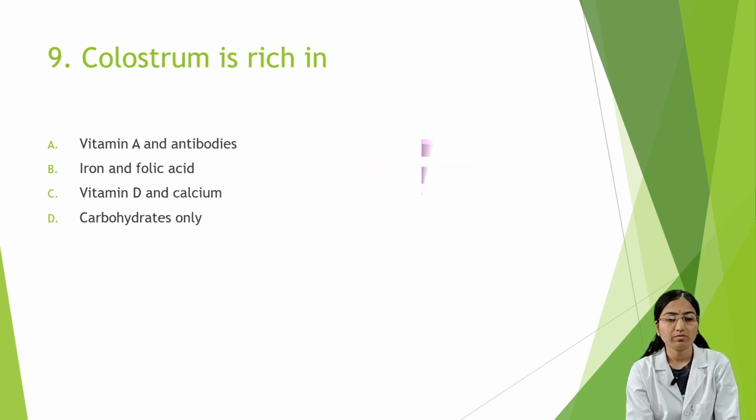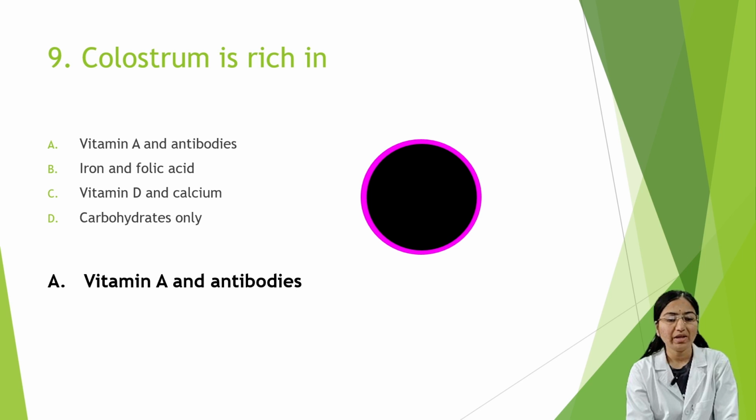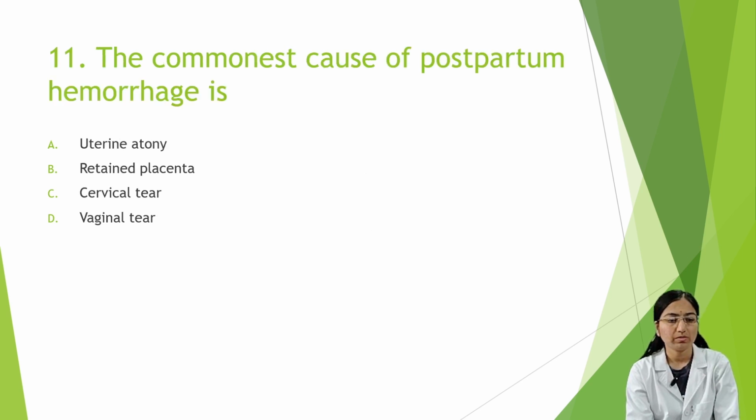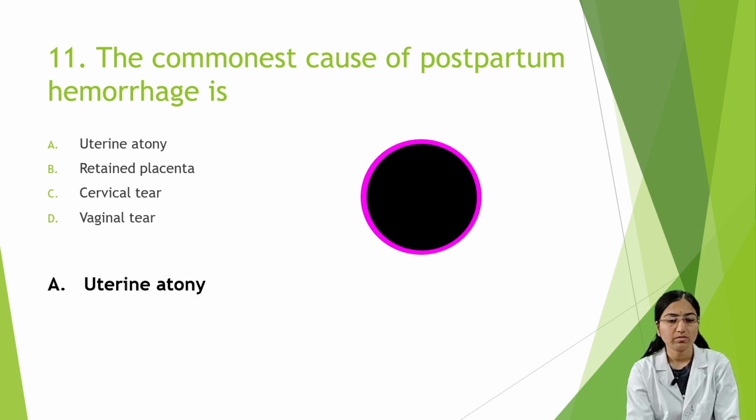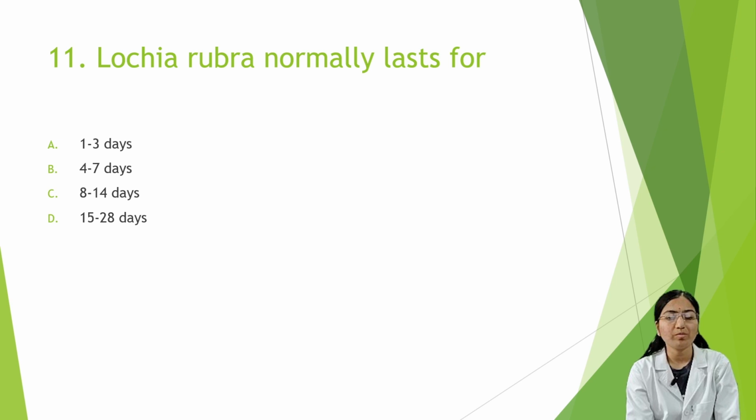Colostrum is rich in? Vitamin A and antibodies. The commonest cause of postpartum hemorrhage is? That is uterine atony.